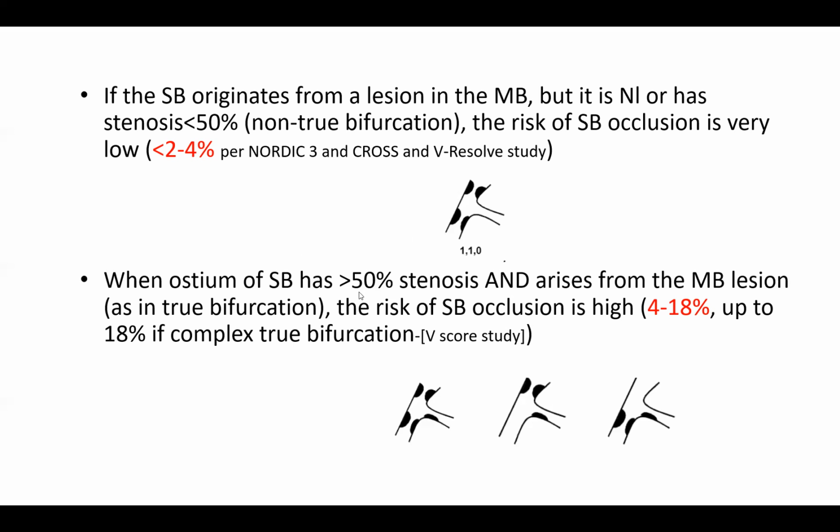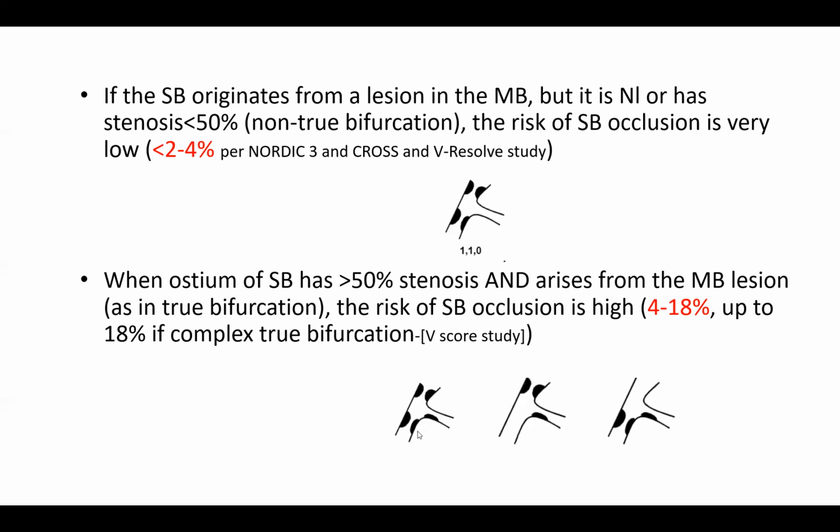Concerning true bifurcation, the risk of side branch occlusion when you stent across it is high. And how high, it depends whether it's simple true or complex true. Simple true is more than the single digit risk of occlusion. Complex true bifurcation, the risk of side branch occlusion is close to 20% based on the V-score study.